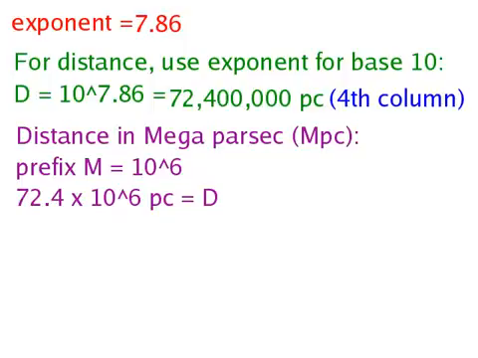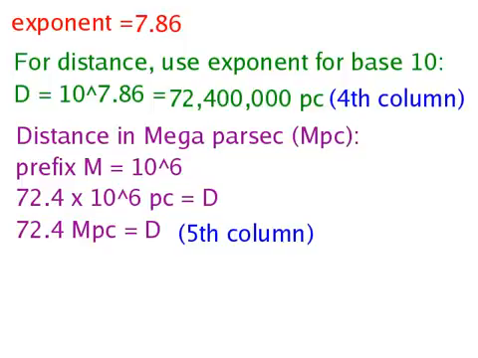And this is what you would write as your result into the 5th column. Okay, so that's how you get the distance. Now we also need to calculate the average velocity with which the galaxy moves away from us.